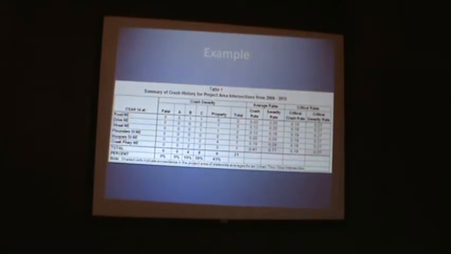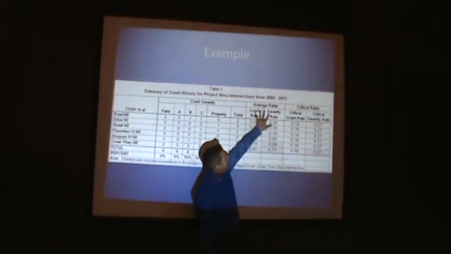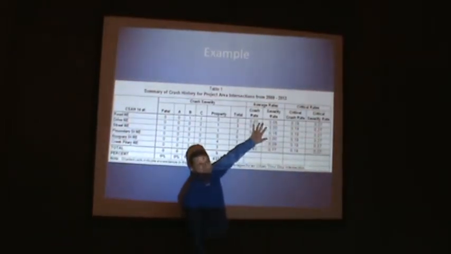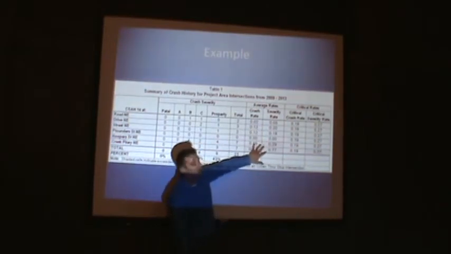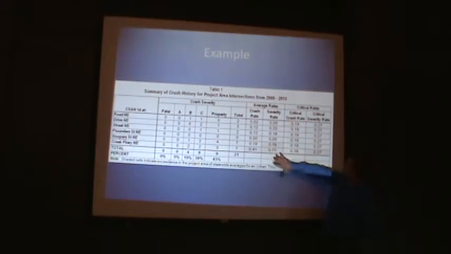All right, so here's a table I got from an excellent consultant that I know. I'm looking at this. These are the actual data that the intersections are on right now. So this is existing conditions. Here, these two: crash rate, severity rate. Here's the standard.